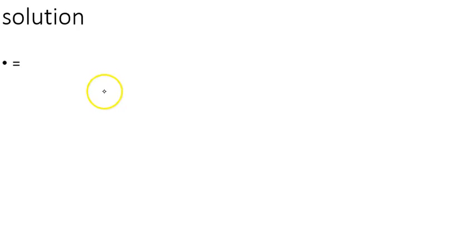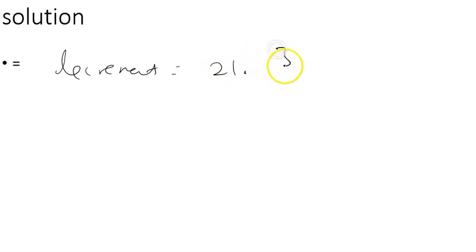So we know that the decrement is equal to 21.30 minus 10.50. The decrement is equal to 10.8 Ghana cedis.